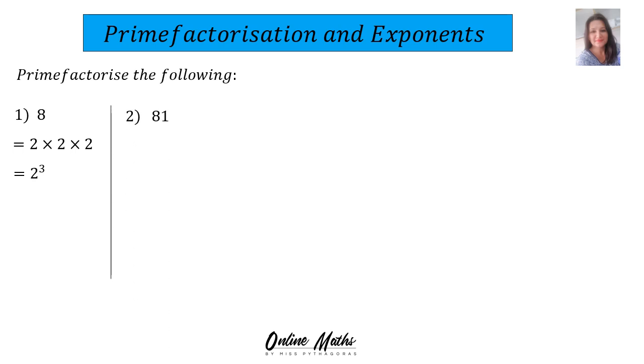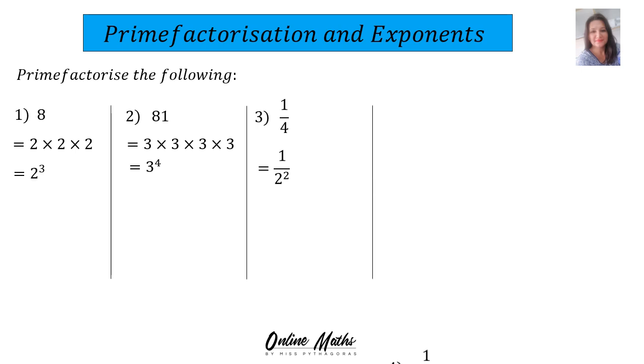Another one, 81, is the same as 3 times 3 times 3 times 3, and we can write it as 3 to the 4. A quarter is the same as 1 over 2 squared, and 1 over 25 is the same as 1 over 5 cubed.